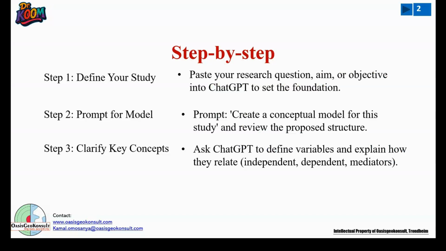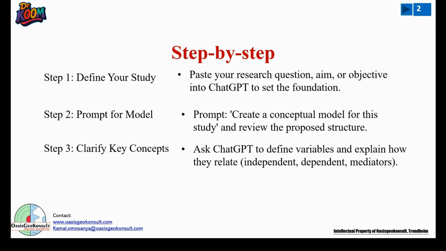So like we usually do, we're going to follow three steps. Just three steps. You can start by pasting your research question, aim or objective into ChatGPT if you haven't written the paper at all. But in this case, you have written the paper, right? So you need to make a list of what the theory is all about or what this picture is all about.